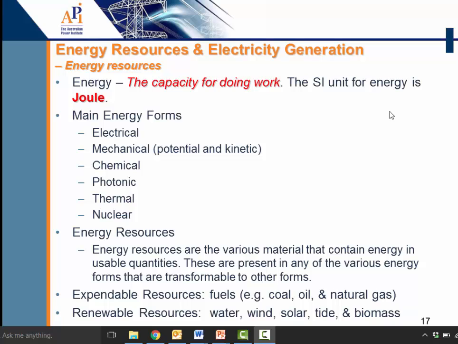In the second part of the lecture, we cover very quickly all the available energy sources and how they can convert into electricity. The main energy forms are electrical, mechanical, that means either potential or kinetic, chemical, photonic, thermal, and nuclear.